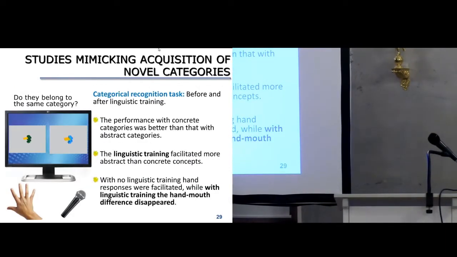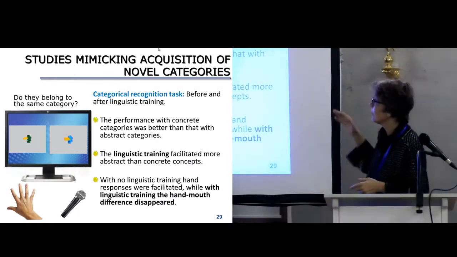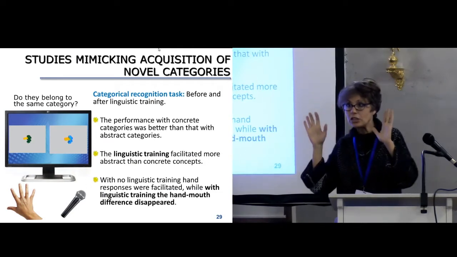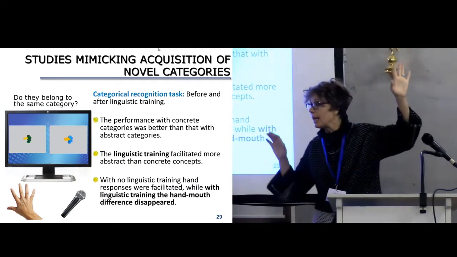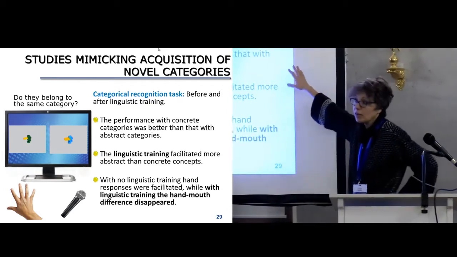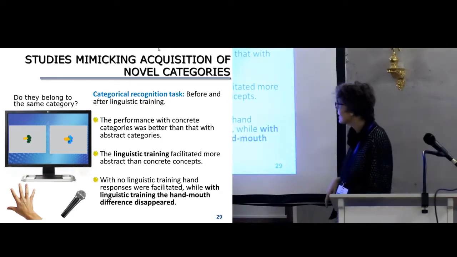And what did we find? We had a categorical recognition task after, in which we asked them whether two objects belong to the same category. The task occurred both before and after the training. We found that performance with concrete categories was, obviously, better than with abstract categories.